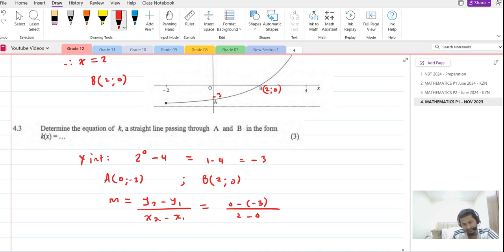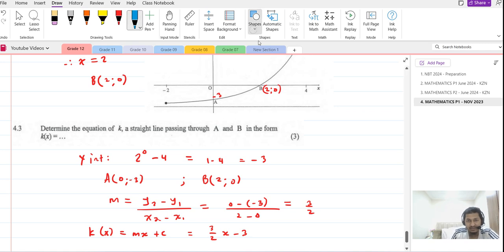So I'm getting 3 over 2 as my gradient, and my y-intercept is -3 already. So k of x equals mx plus c. M is 3 over 2, and c is -3, because it's a common y-intercept, also the y-intercept of the straight line. Remember, we're trying to find the equation of this line.